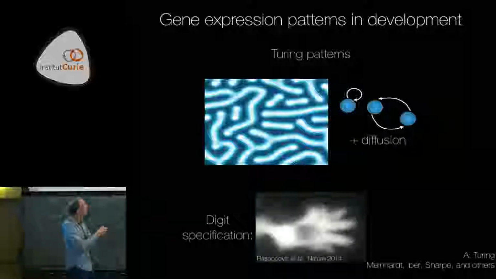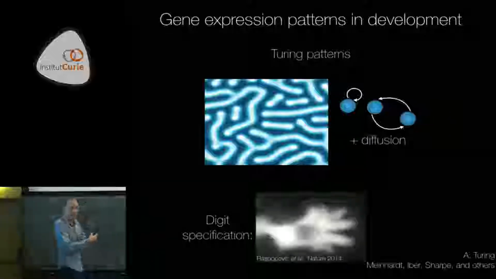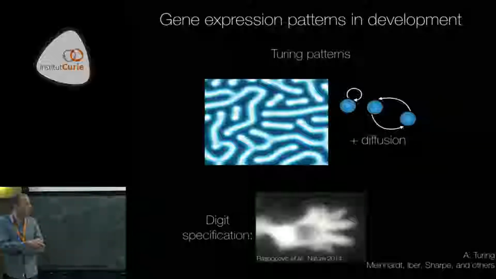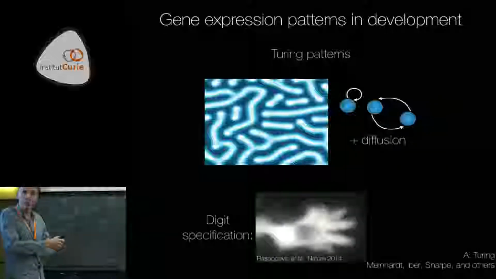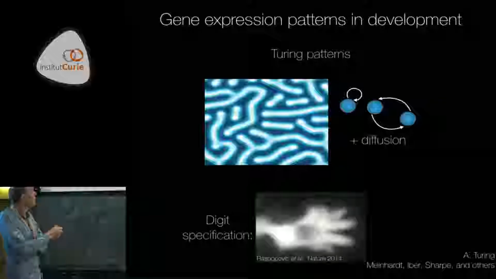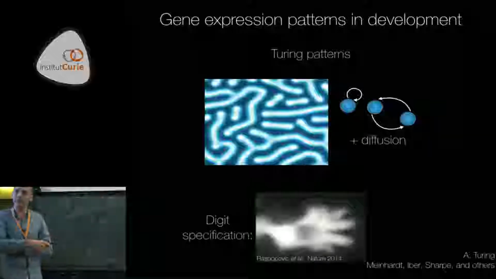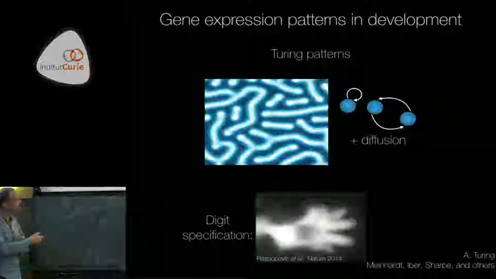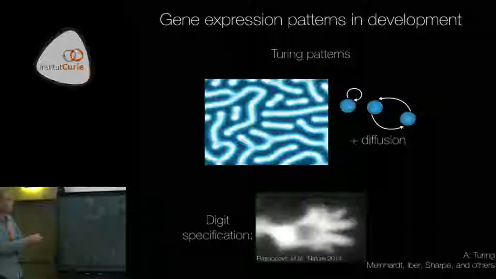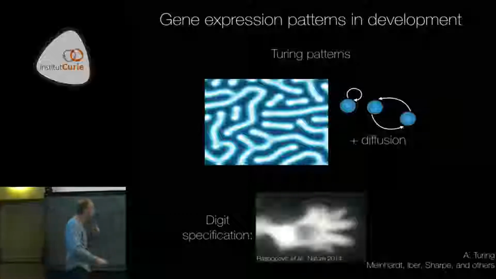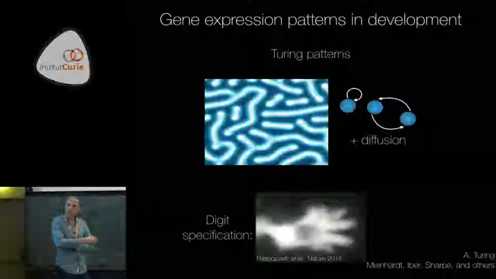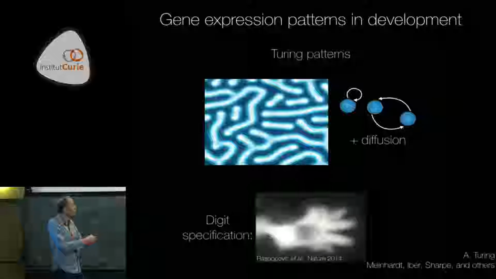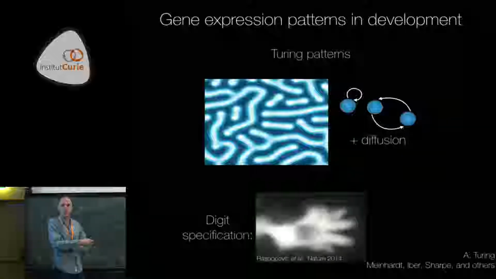Okay, and differences in diffusion coefficients of different classes of molecules, together with appropriate nonlinear interactions, can give rise to spontaneous pattern formation. And perhaps the most, at least my favorite example of such a system is digit specification in the mouse, which was characterized a couple of years back by James Sharpe and colleagues.